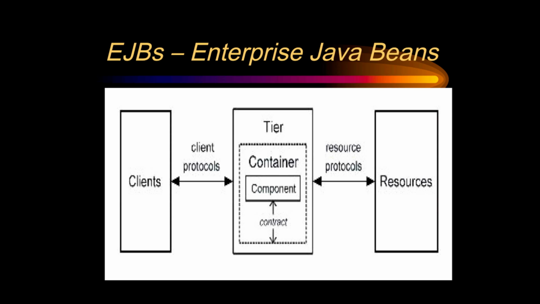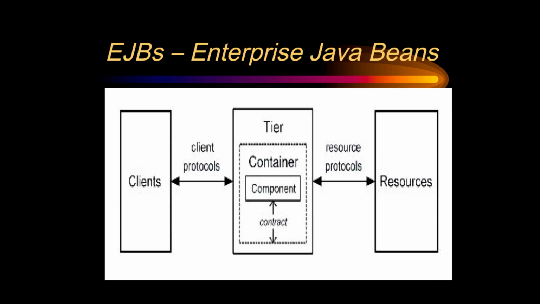So here's a not very good overview of this. We've got clients, and then we have different tiers, and within tiers we have a container, and then in the container we have different components to do things, and then we have protocols that go between the client and the container, and other protocols that go between the container applications and the resources.